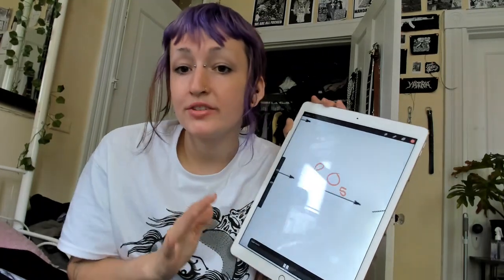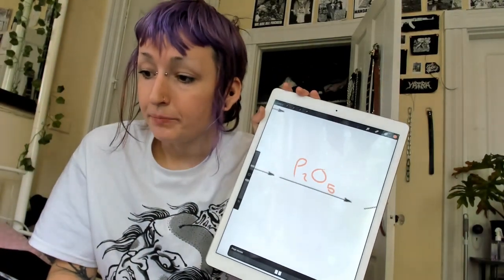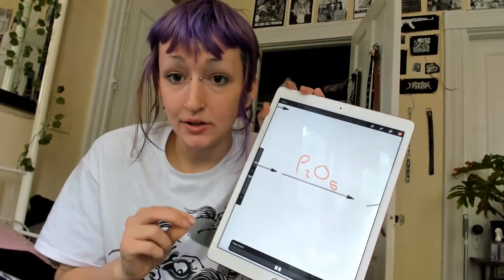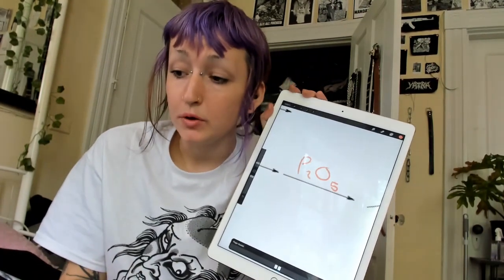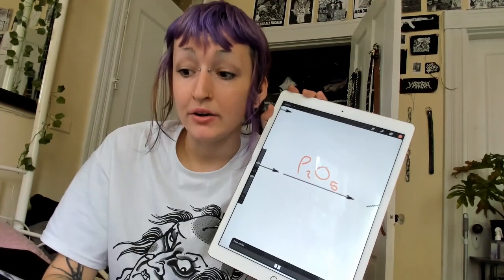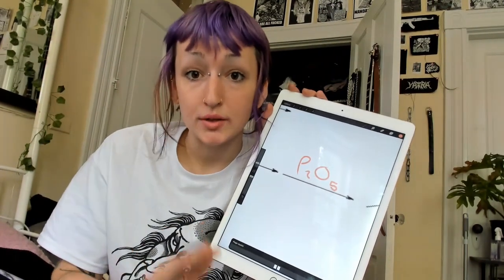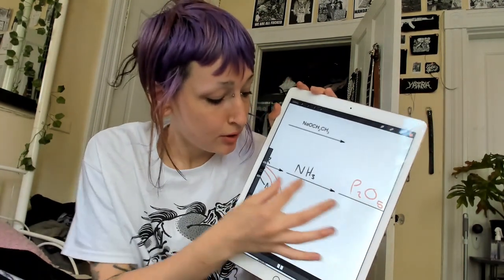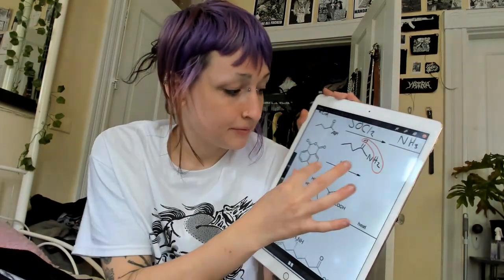I don't think that we've seen that anywhere else in the course. We may have, but adding P2O5 removes water from a primary amide and turns it into a nitrile. This is a type of dehydration, which we see we are losing water, we are dehydrating.